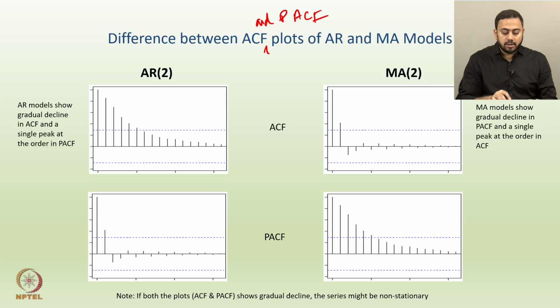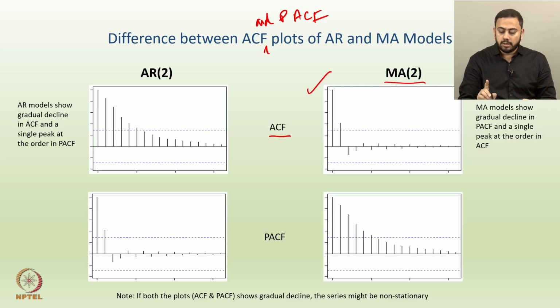Now, one can observe the tendencies we listed in the prior table that we just saw. Just to repeat, if you focus on the ACF plot for an MA(2) model, which is this one right here on the top right, then as discussed in the earlier table, you can see a cutting off tendency after lag 2.